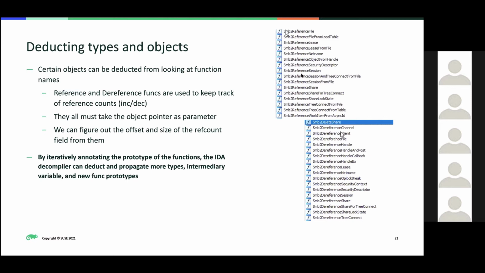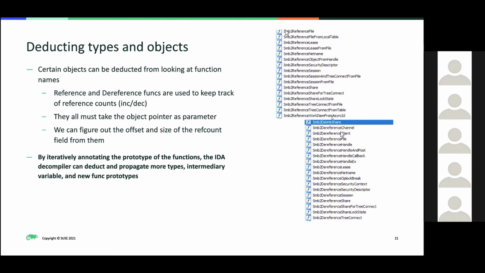For example, SMB2 reference session: if the session is shared between multiple threads or users, each user will increment the reference count, and when the user is done with the object, it will dereference it. That way, when the last user dereferences the object, the reference count reaches 0, and this is when the deallocation actually happens. This is how you usually do memory management in a multi-threaded context.